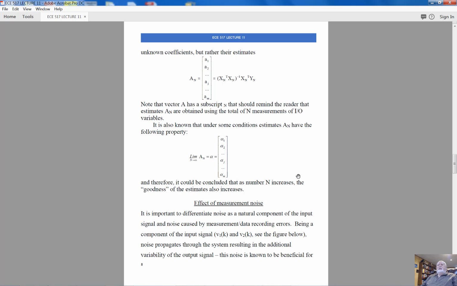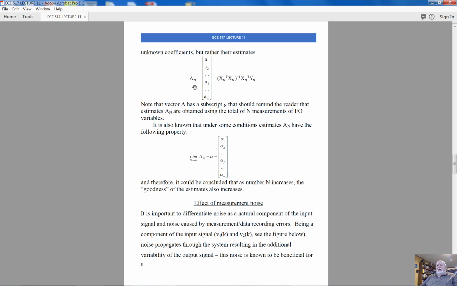But it's also good to remember that the least square method does not result in the true coefficients. The least square method produces only estimates of these coefficients, and I intentionally do not call them alpha. I call them A_N.